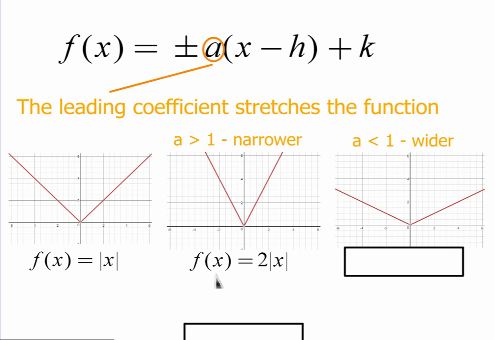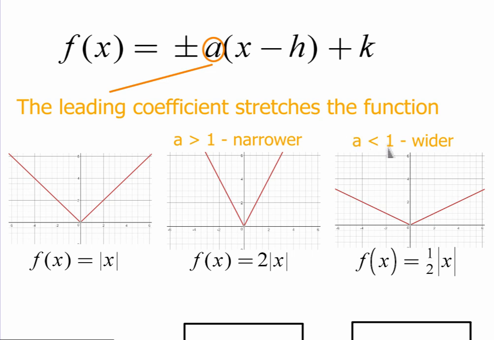So I've got f of x equals 2 times the absolute value of x here. This 2 is larger than 1, and it makes my function narrower. If a is less than 1, then the function gets wider. So this is f of x equals 1/2 absolute value of x, and that 1/2 stretches it out and makes it wider. So if a is bigger than 1, it gets narrower.